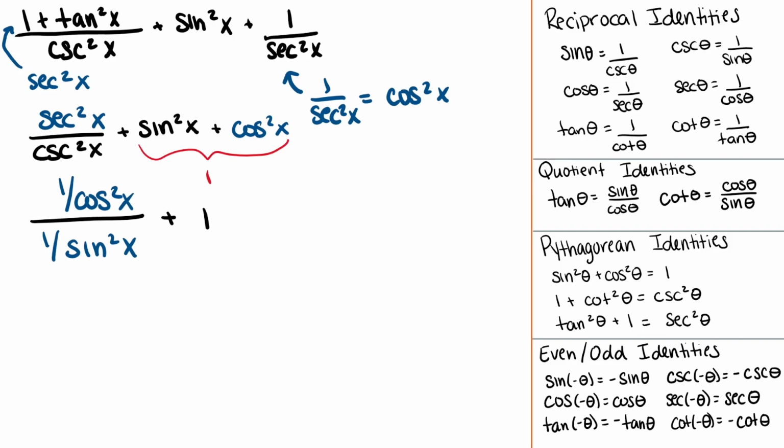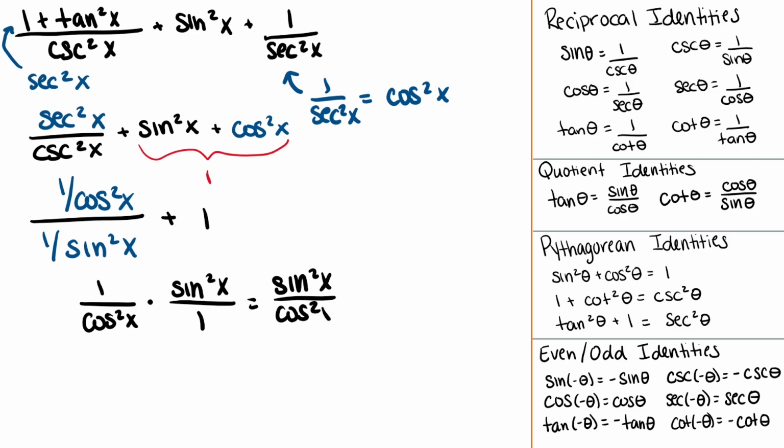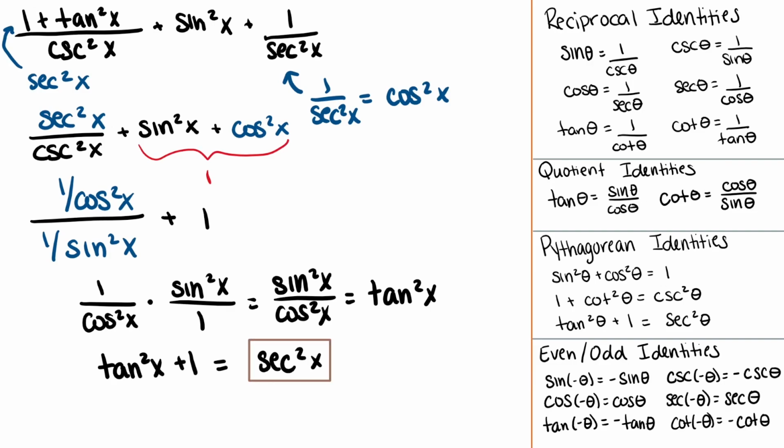Now if we take this fraction and do our keep, change, flip, we have 1 over cosine squared x times sine squared x over 1, which is sine squared x over cosine squared x, which is tangent squared. So we can rewrite this as tangent squared x plus 1. And tangent squared x plus 1 is secant squared. So that means this simplifies to secant squared x.